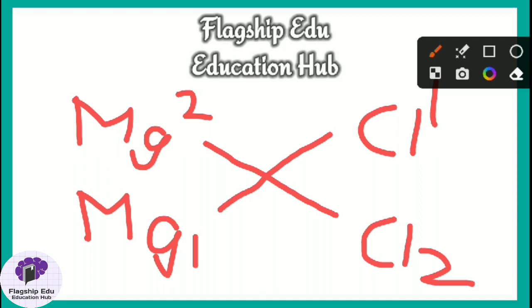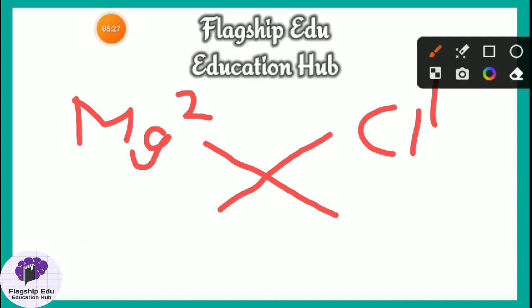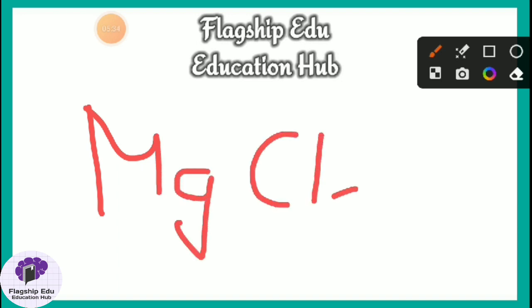After that you do not have to do anything, you just have to write the chemical formula, which is MgCl2.